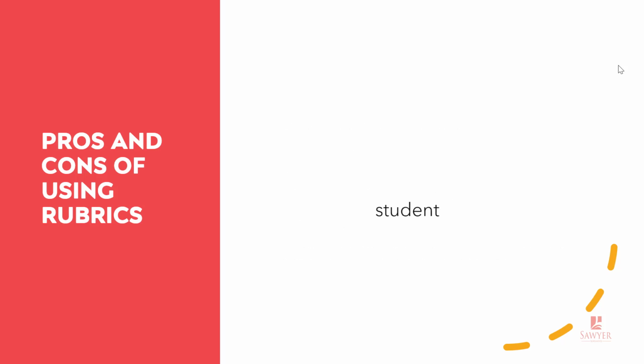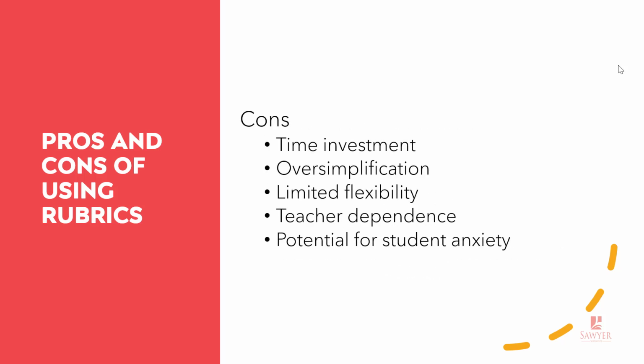Now, some cons, however, are that it takes quite a bit of time to actually make good rubrics. However, I can show you some tricks by using AI to make our rubrics a lot faster, and then all we have to do is go in and tweak them a little bit. Sometimes they can be oversimplified.